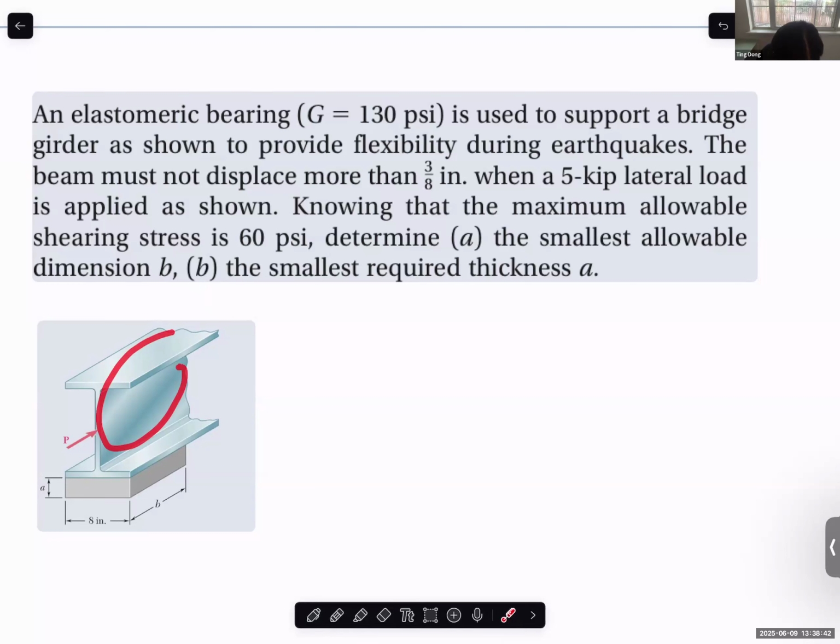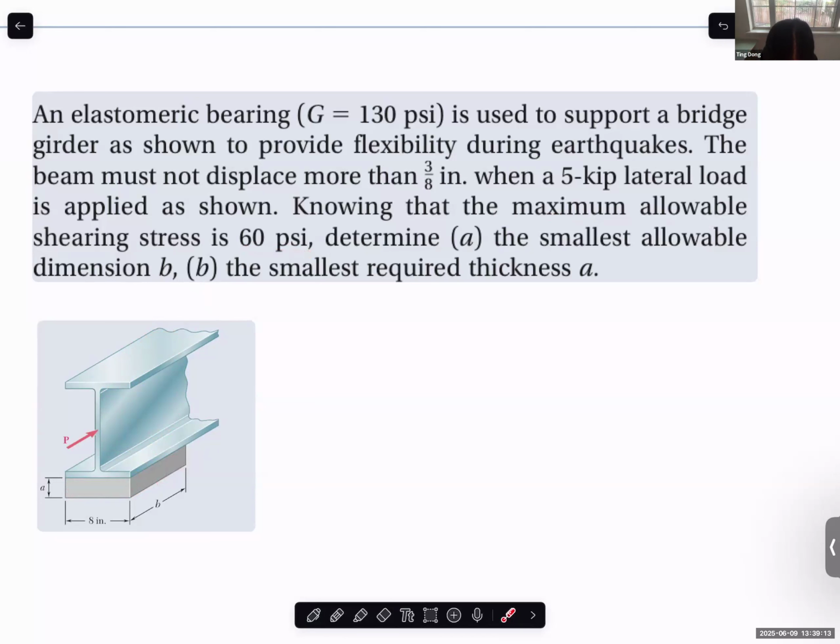Force is applied on this structure, but this structure itself does not have deformation. The deformation is in this gray block. The maximum allowable shearing stress is 60 psi for this gray block.